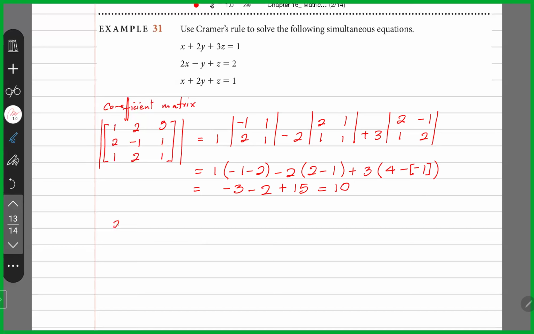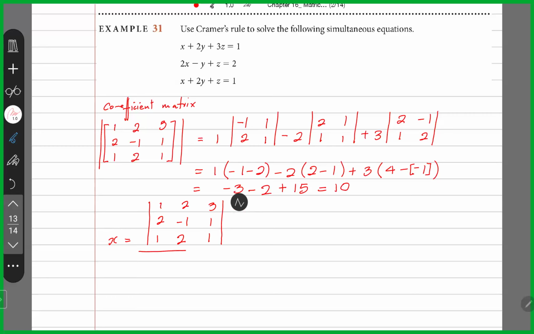So x would be equal to, according to Cramer's rule, replacing the x coefficients with 1, 2, 1, so 1, 1, 2, 2, -1, 2, 3, 1, 1.